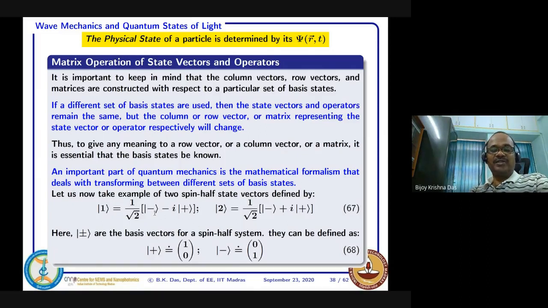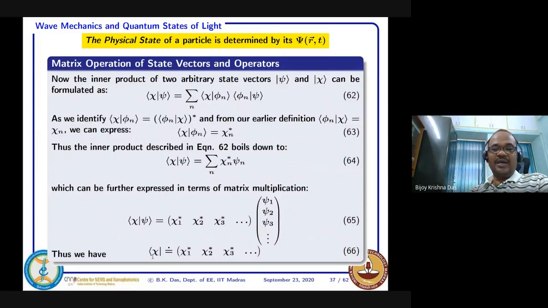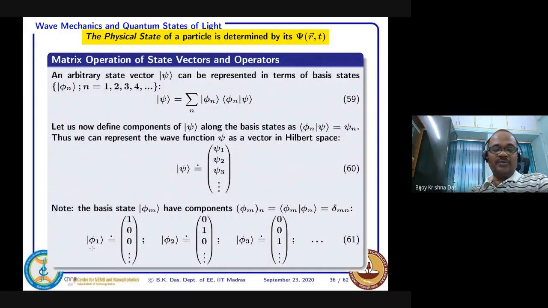So this minus symbol, again, if we consider this minus and plus as basis vectors for a spin half system, which is what we conventionally define, then how can you represent that in terms of vectors? For example, when we express all the basis vectors phi 1, it is 1, 0, 0, all others 0, only one is 1.